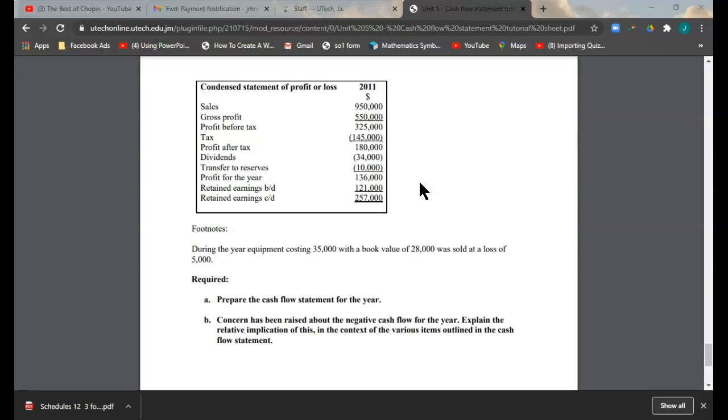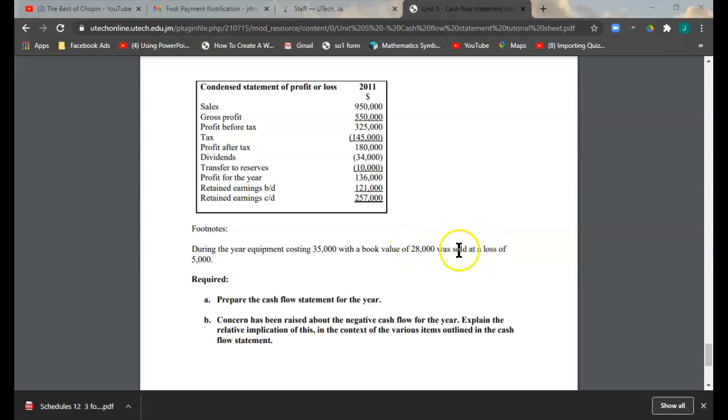You will also need some notes, and we have one note that speaks about some asset, namely the equipment being sold. The data says that it cost $35,000, but at the time it was sold, it had gone through some depreciation and was now worth $28,000.